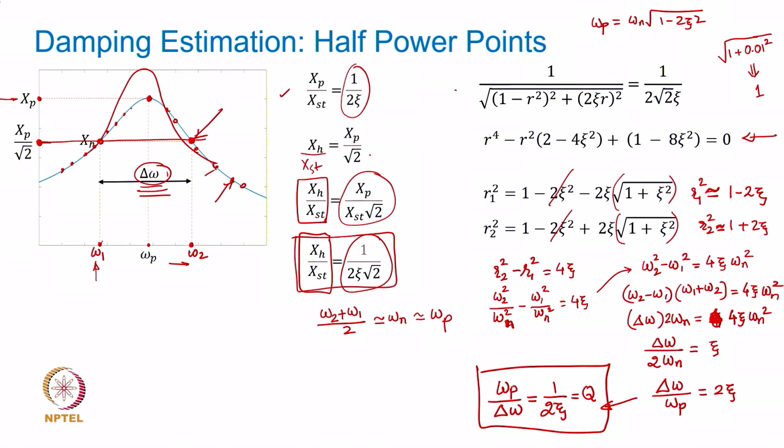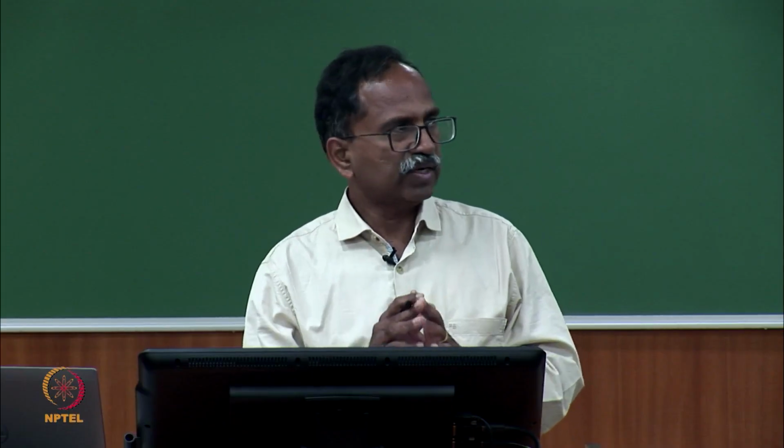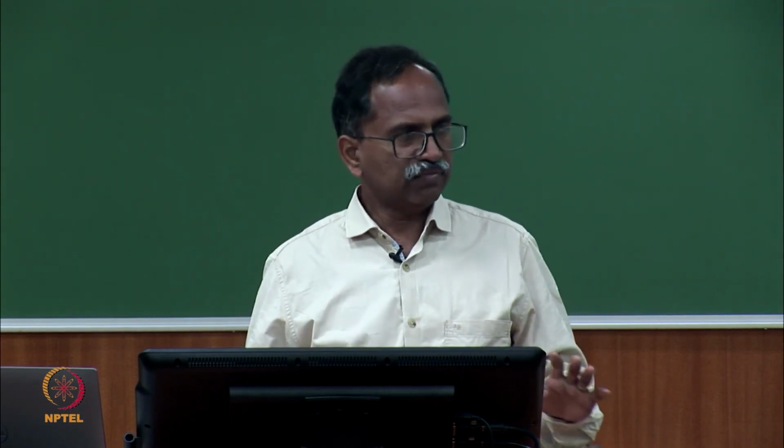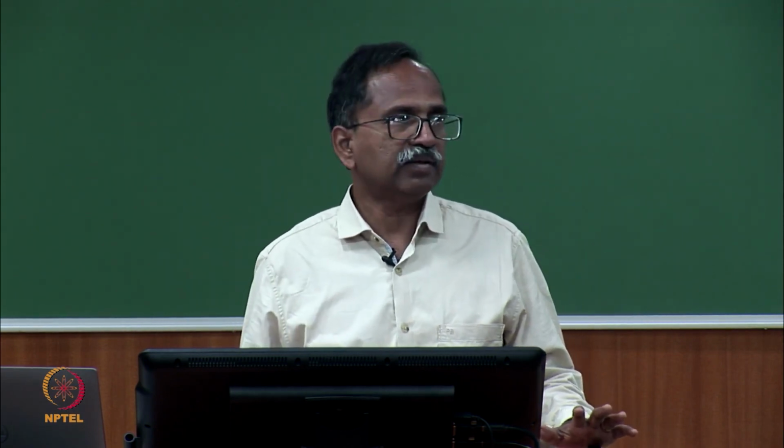So, peak frequency over half power frequency bandwidth is directly related to the quality factor, which itself is directly related to the damping ratio of the system. Therefore, by measuring the vibratory response to forced harmonic force excitation, I can definitely get an estimate of damping without knowing the parameters of my vibratory system.